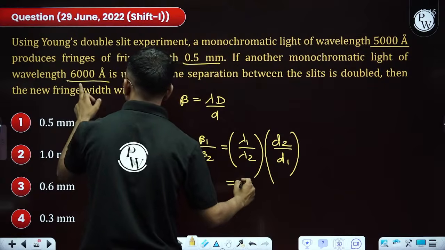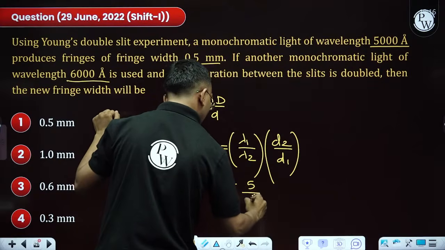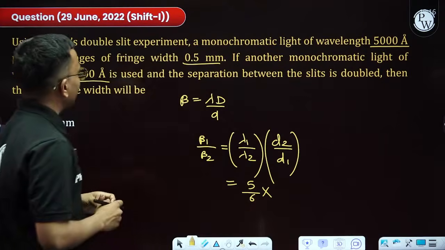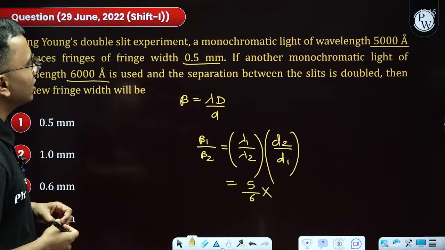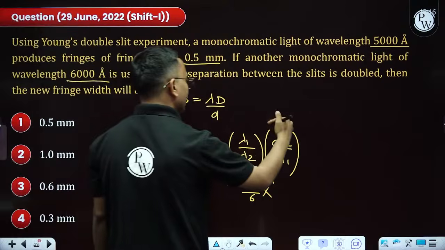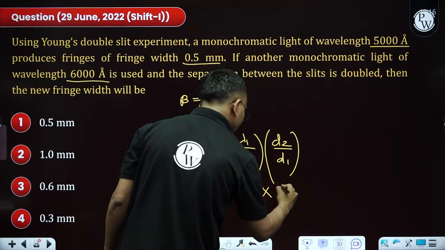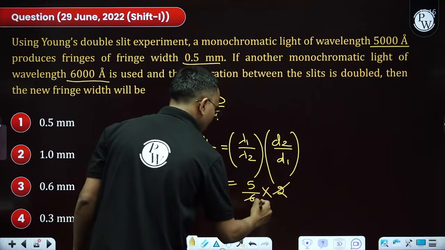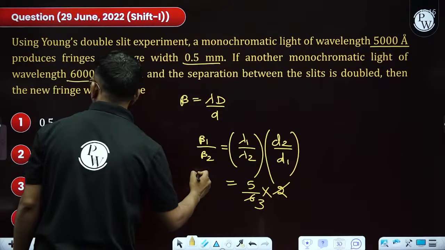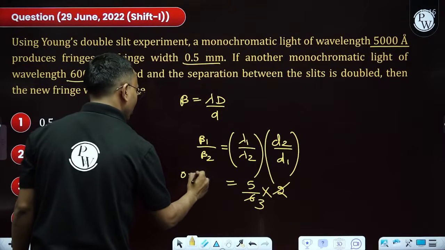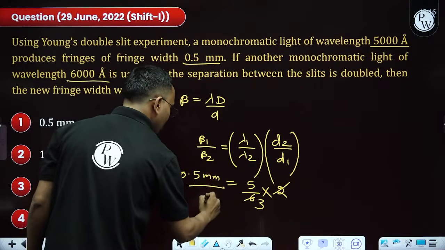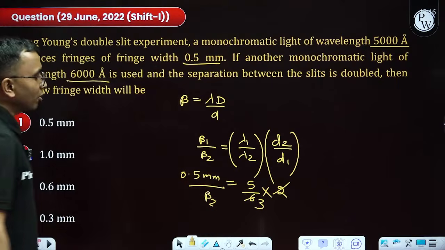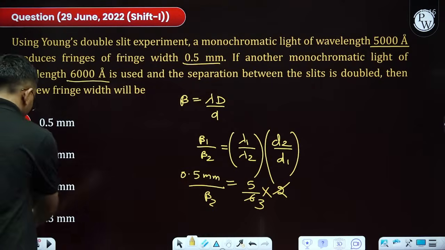What is lambda 2? 6000. 5 by 6 into, what is d1 and d2? The separation between the slits is doubled, means d2 is twice of d1. So 2 will come here. 2 into 3 it is. What is beta 1? Beta 1 is 0.5 mm, 0.5 mm divided by beta 2. So beta 2 will become 0.3 mm here, which is option 4.